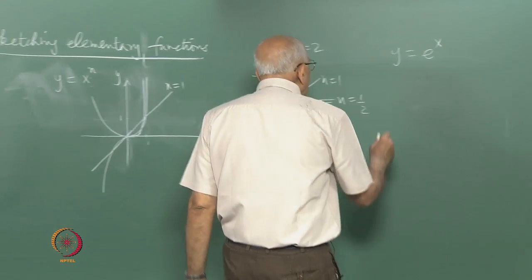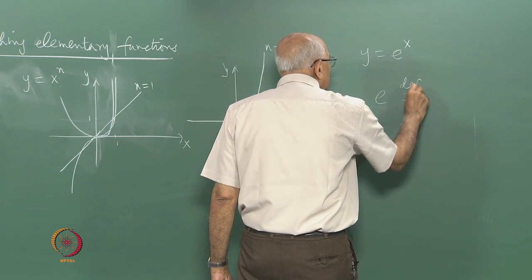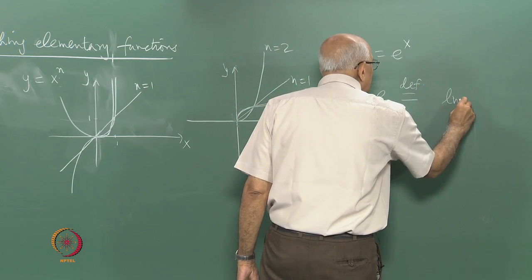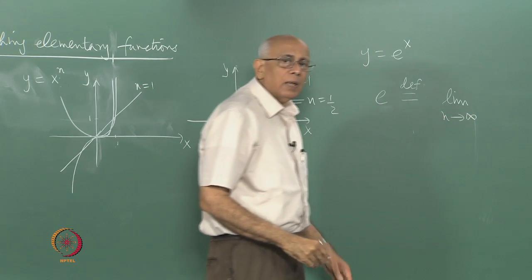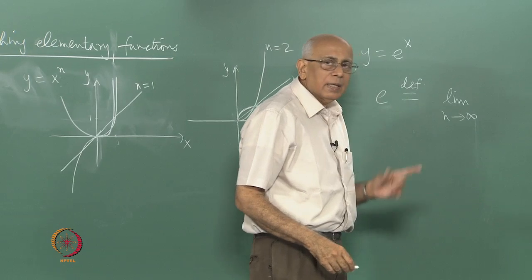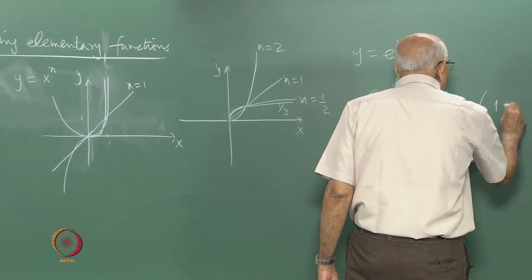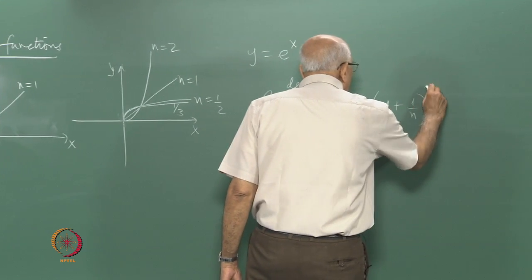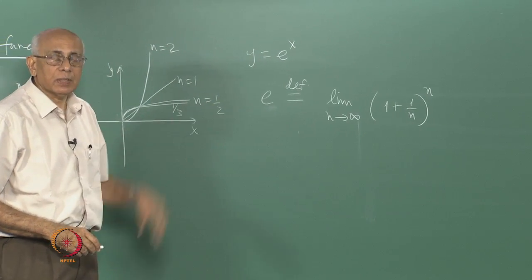This number e, the base of natural logarithms, can be defined as the limit as n tends to infinity of a certain number which tends to 1 as n tends to infinity, but raised to a power which increases as n tends to infinity. So it is the limit of (1 plus 1 over n) to the power n. That is the definition of this number e.